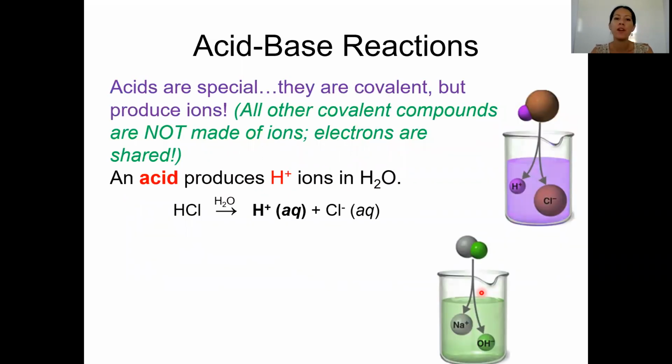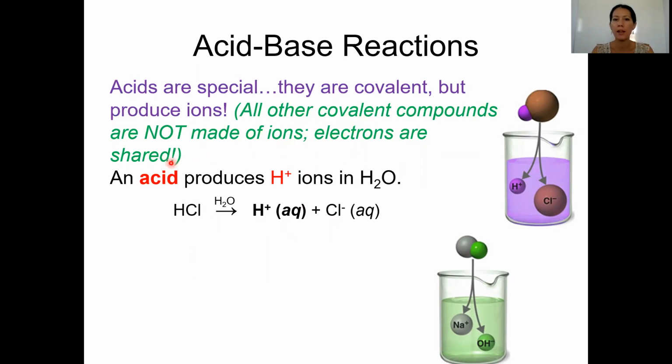So acids are very special substances. The reason is they start out covalently bonded, which we know have no ions, electrons are shared. But when acids are dissolved in water, such as HCl, they can produce ions. This is a very, very special category. All other covalent compounds, they're not made of ions.